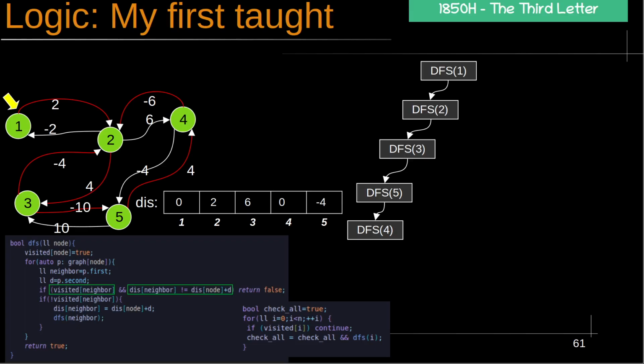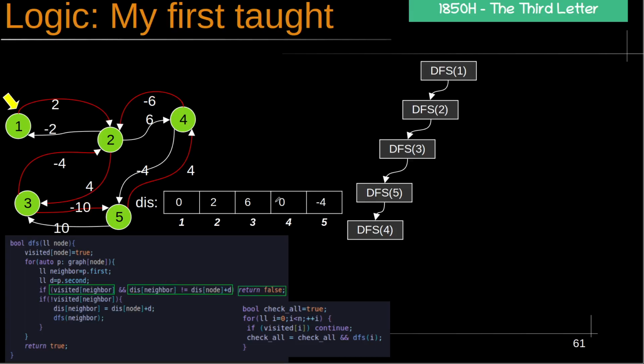Which means here, the distance from 1 to 2, is it different or not from the distance from 1 to 2 passing through 2, 3, 5, 4? If they are the same or not.